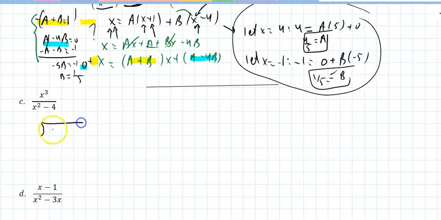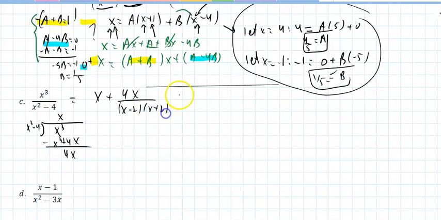We're going to say that is x cubed divided by x squared minus 4, that's x. X cubed minus 4x, subtract. So this is going to be x plus 4x divided by x minus 2 into x plus 2. That's going to equal x plus a over x minus 2 plus b over x plus 2.